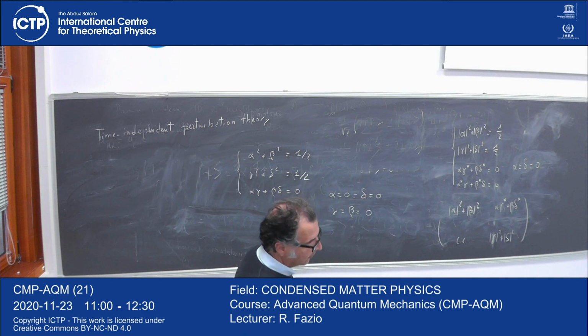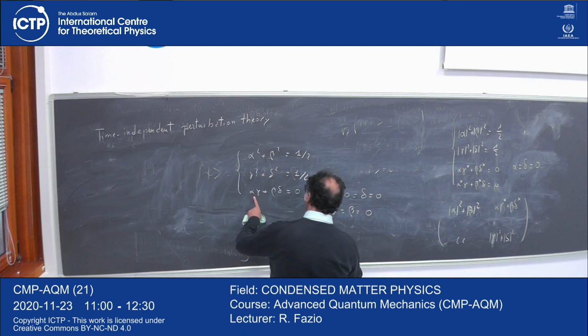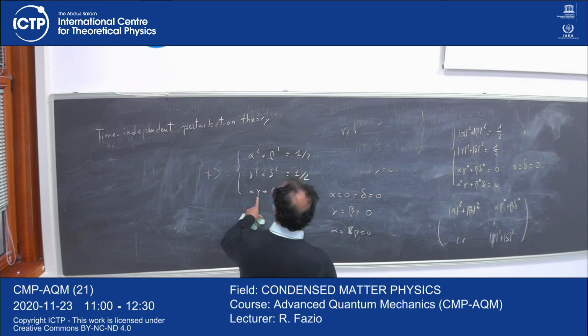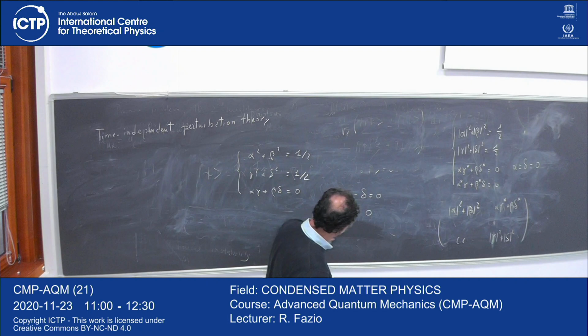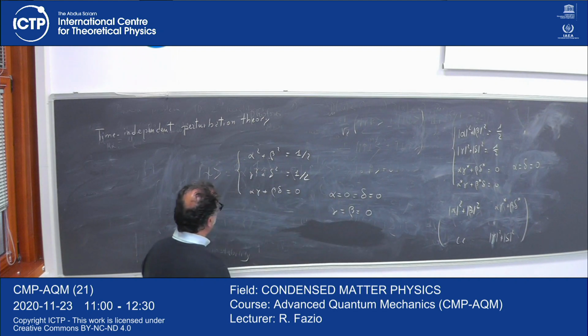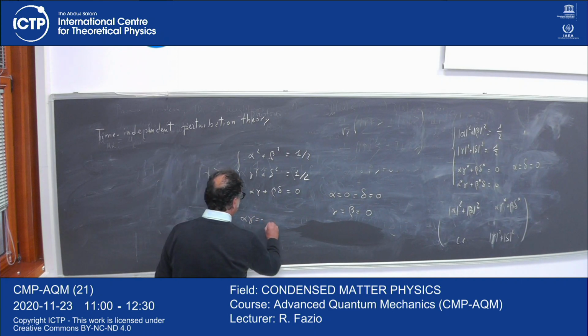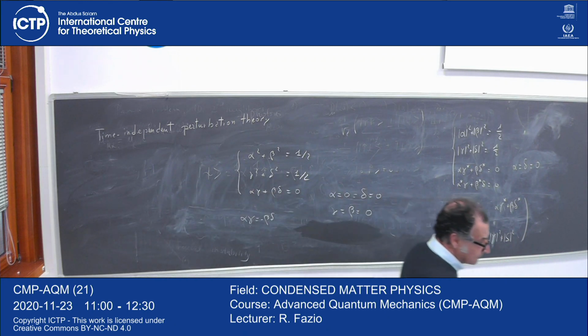Then you have other possibilities like alpha equal beta equal 0, but this is not possible. So what we are saying is that I want to check if there are more solutions such that beta delta is equal to minus alpha gamma. This is what you want to say, right?